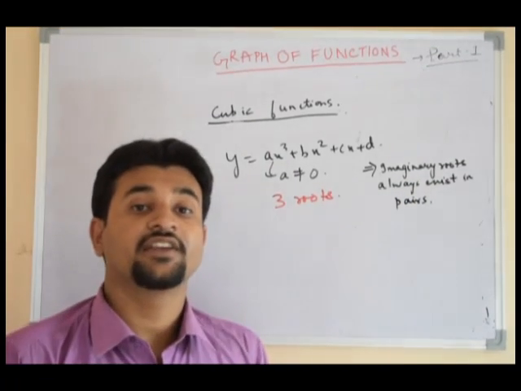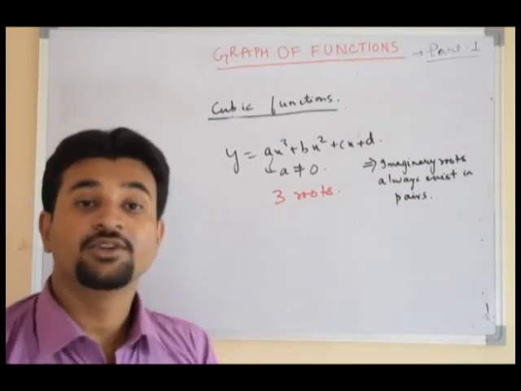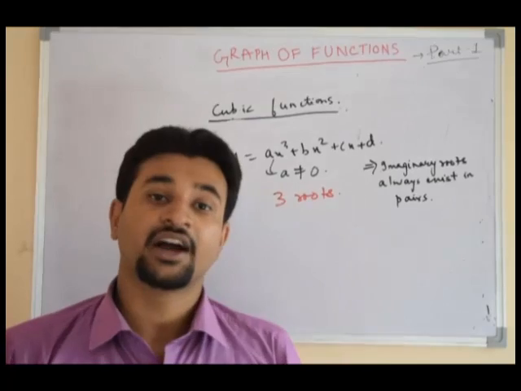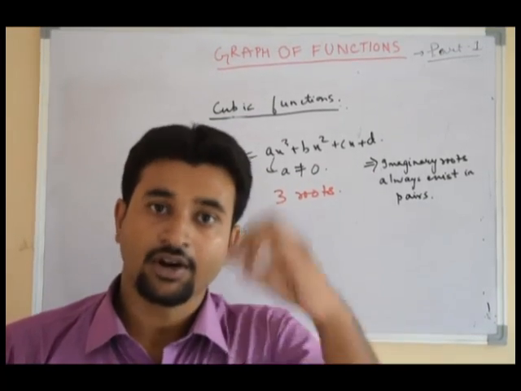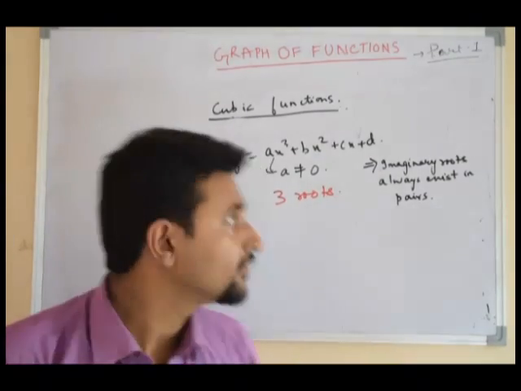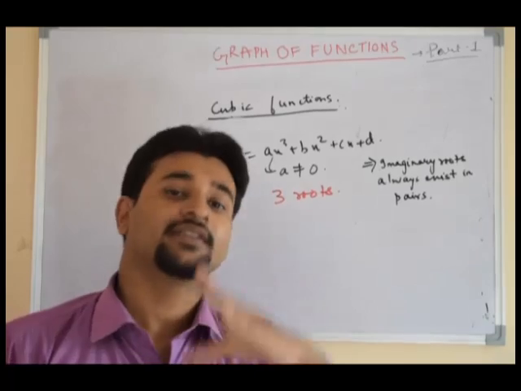Imaginary roots always exist in pairs. Okay, that means you can't have single imaginary root. Either you will have 2 or 4 or 6 or 8 or maybe 0 also. Okay, so what is imaginary? The thing which is not real is imaginary.